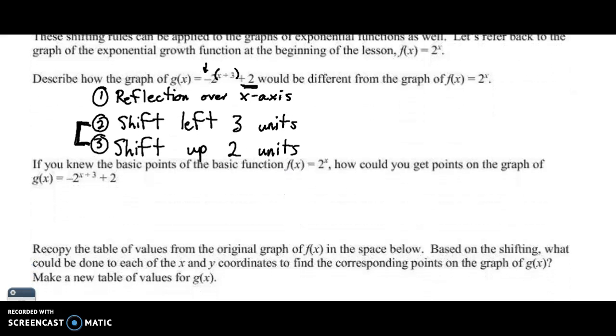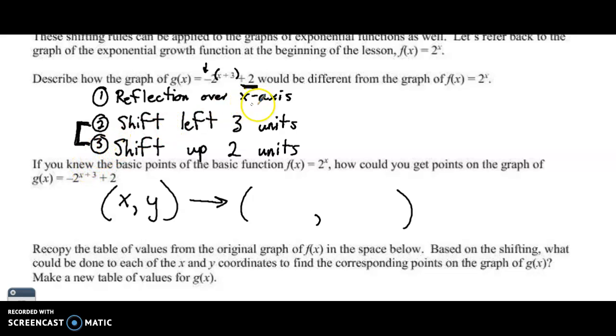Now, what you may remember from a long time ago is we made a rule where we wrote x, y, and then we put arrows on how everything changes. So when we talk about these reflections, it might help you to create that table of values to come up with the answer.